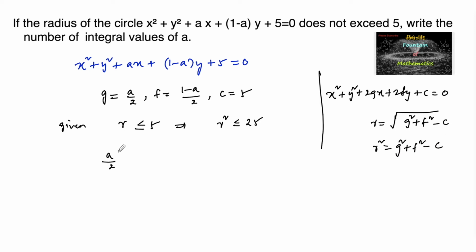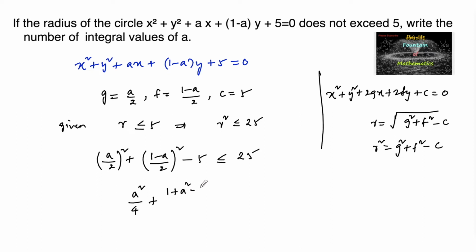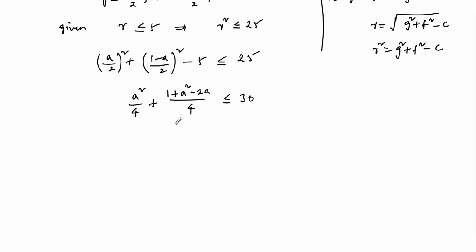So we can write a by 2 whole square plus 1 minus a by 2 whole square minus 5 is less than or equals to 25, or we can write a square upon 4 plus 1 plus a square minus 2a upon 4 is less than or equals to 30, or doing cross multiplication and simplifying, we have a square plus 1 plus a square minus 2a is less than or equals to 120, or this can also be written 2a square minus 2a minus 119 is less than or equals to 0.